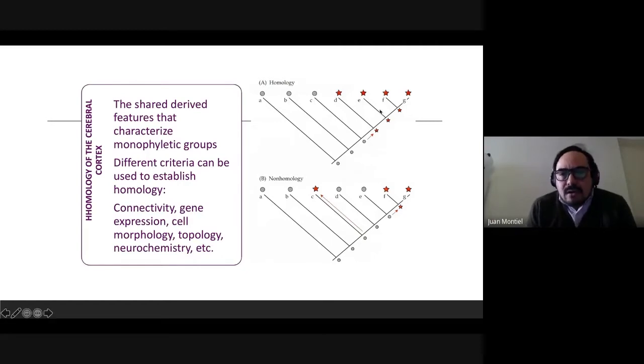So here is a situation in A that is called homology, when a feature is shared by two related species.